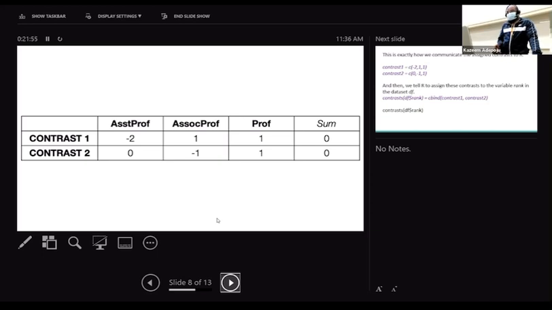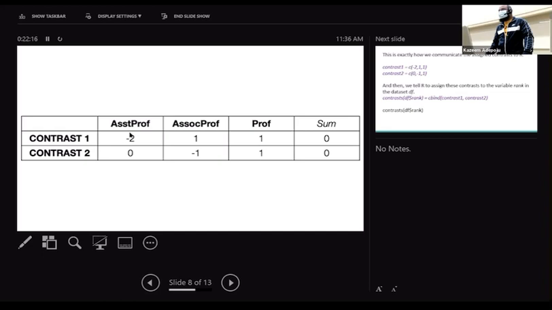For contrast 1, under the associate professor and the professor, I said 1/2, 1/2, and under the assistant professor, -1. It's the same. I can decide to use fractions or I can decide to use whole numbers.